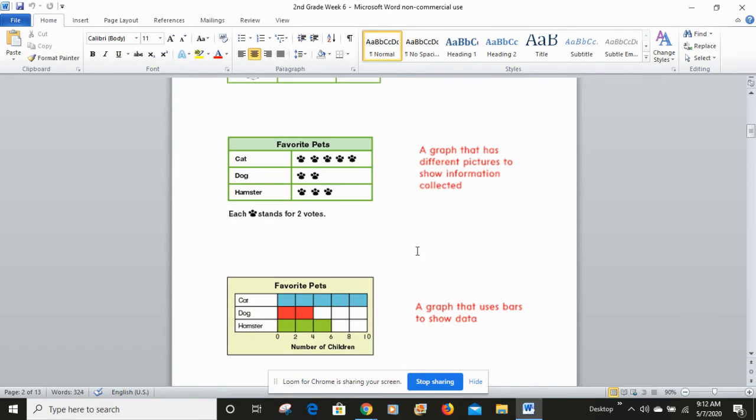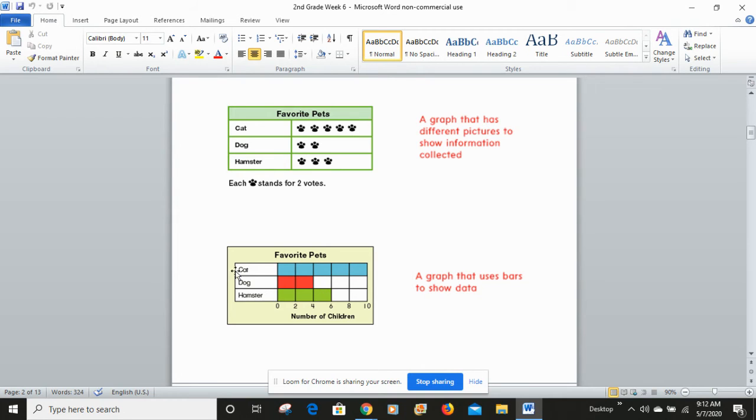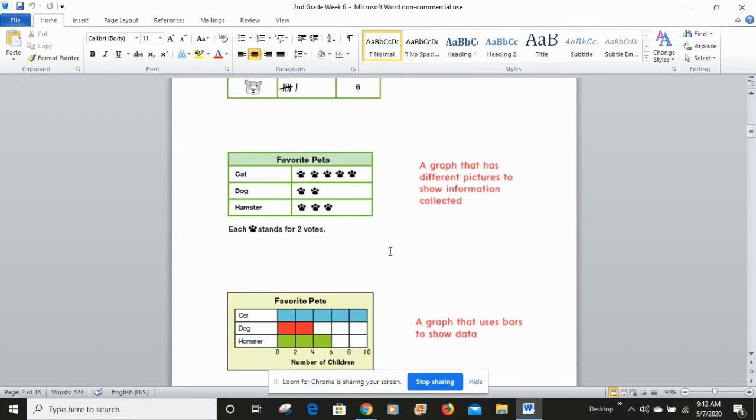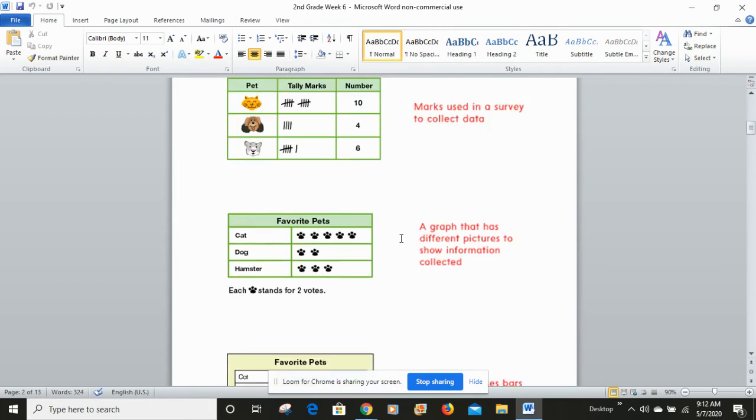Last one we're looking at today is that bar graph, and a graph that uses bars to show data. Same title, same animals. We do have kind of a number line down here that shows the number of pets that someone might have. And notice again, if I count the squares for cat, 1, 2, 3, 4, 5, doesn't match my data up here.